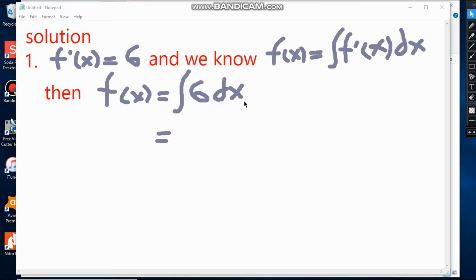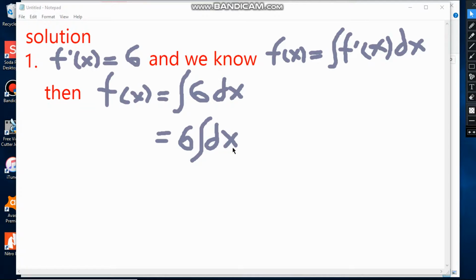So when we take 6 out of the integral, we remain with the integral of dx. That integral is the reverse of the derivative, so integral and derivative cancel each other, and we remain with x.